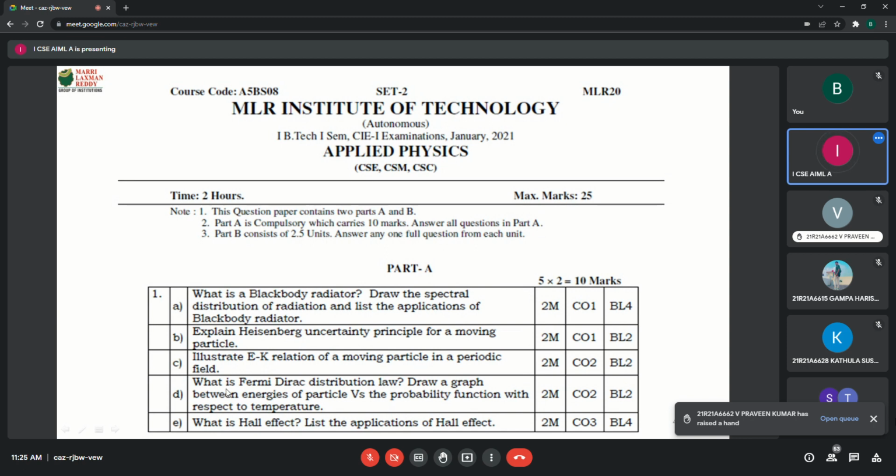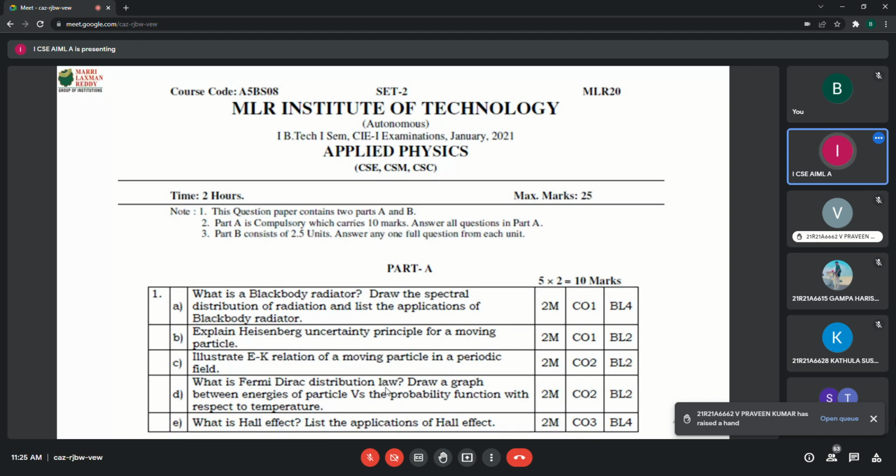What is the Fermi-Dirac distribution law? Only the statement is asked. The Fermi-Dirac distribution law explains the probability of electrons occupying energy levels from lower to higher.